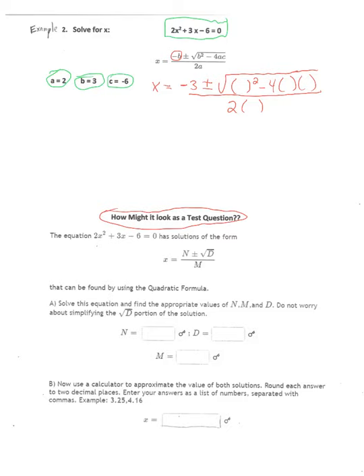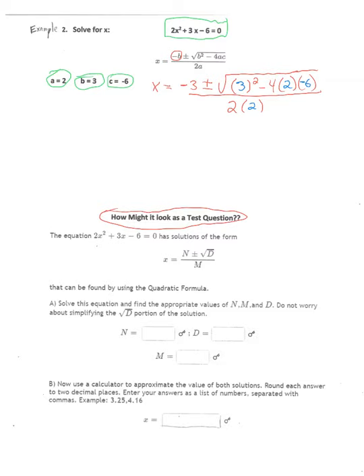So first one is b squared. That turns out to be 3 squared minus 4 times a. A is a 2, we'll put them right in there, and c is a negative 6, and 2a is 2. Now we're going to calculate that.